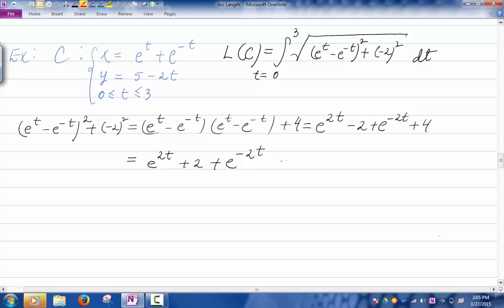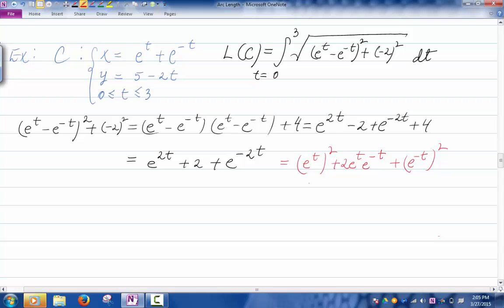First of all, I'm going to think of the first term as e to the t squared, and the last one as e to the minus t squared, and the middle term 2, I am going to think of as 2 times e to the t and e to the negative t. So that's how I'm going to think of this expression. I haven't changed anything. All I did is rewrite that expression.